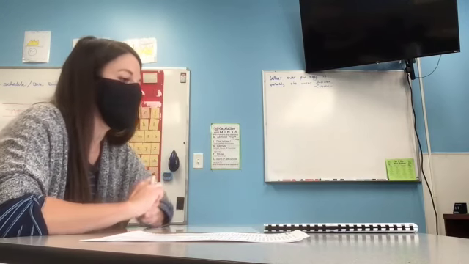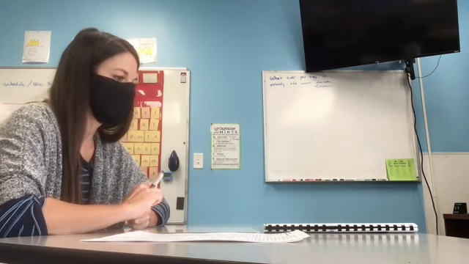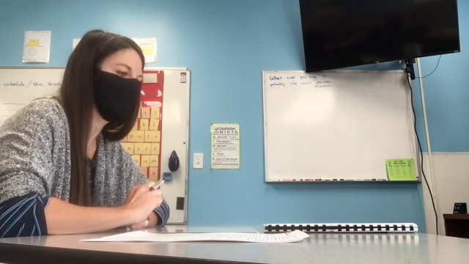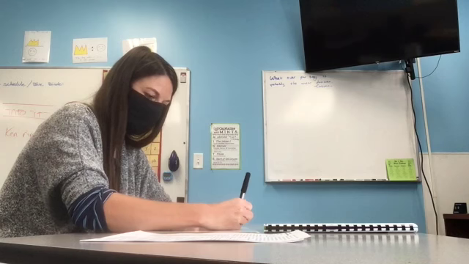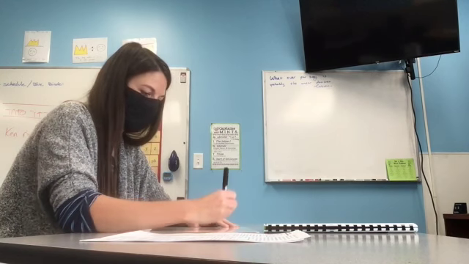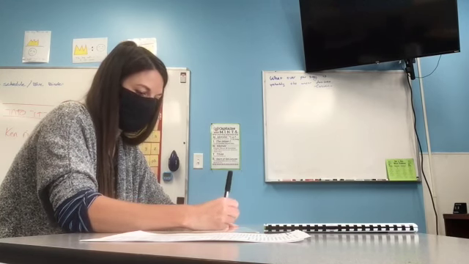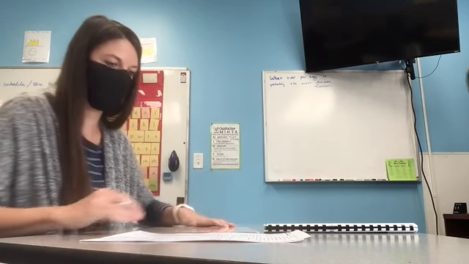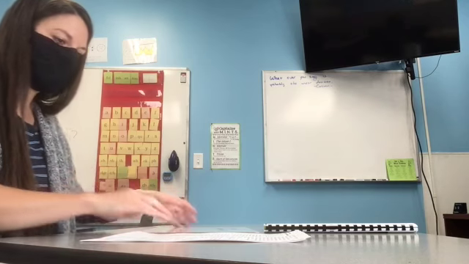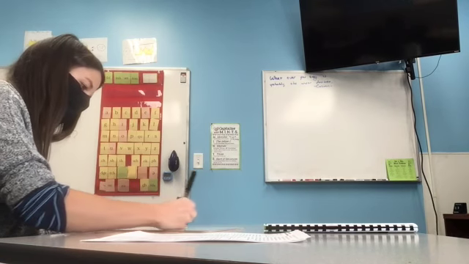Can you read the next problem? We are on letter B. J is 11 years younger than T. Okay. So we'll draw a line.